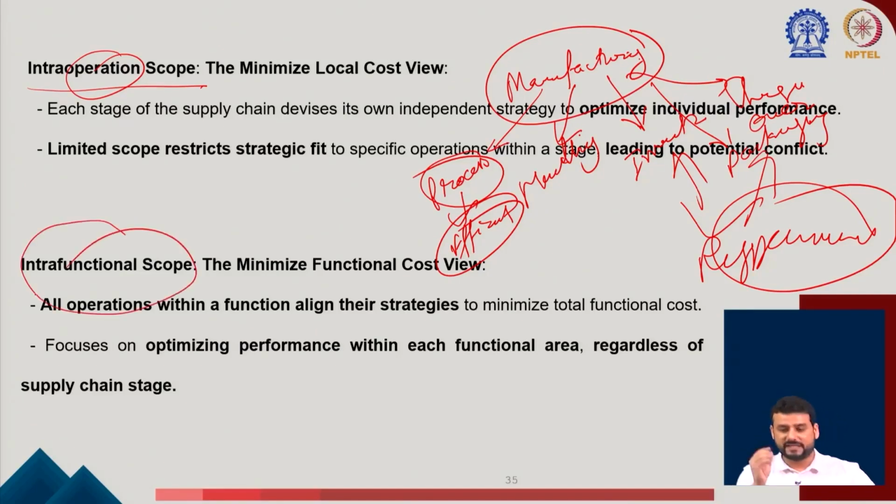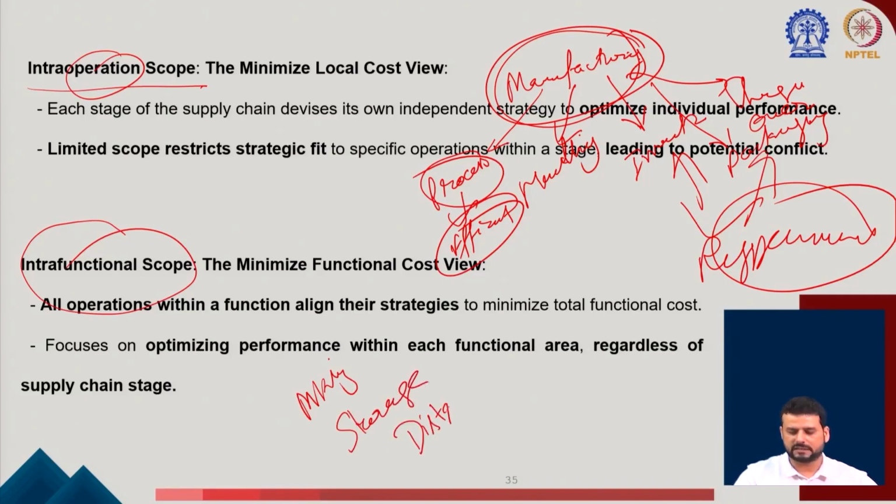Intra-functional. Now, manufacturing is one department, marketing is another department, storage is another department, distribution is another department, sourcing, which handles the raw material procurement, is another department, R&D is another department, quality assurance is another department, right?